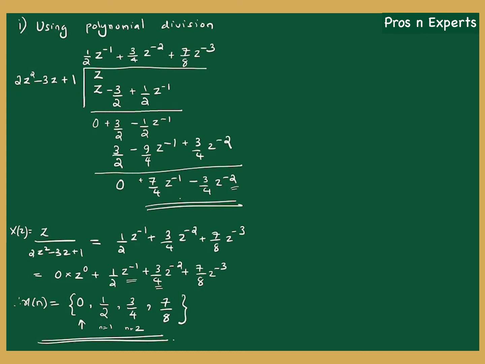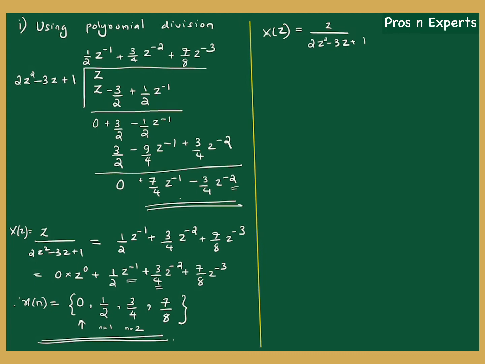Now I have already told you there is one more method to do this. Actually there are many methods, but one more easy method. Our X of z is given in the question as z by 2z square minus 3z plus 1.